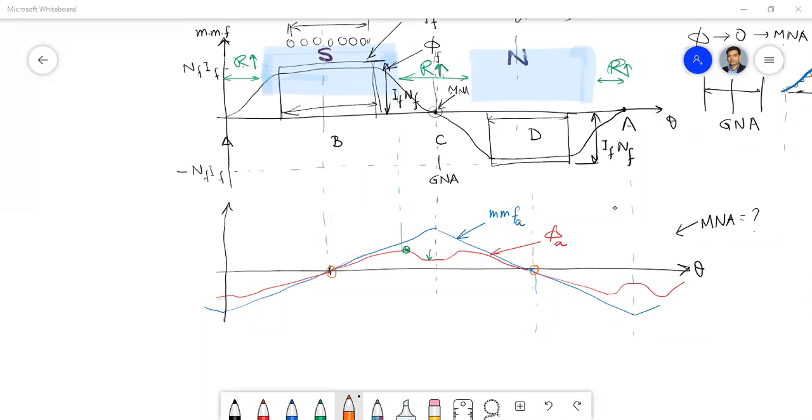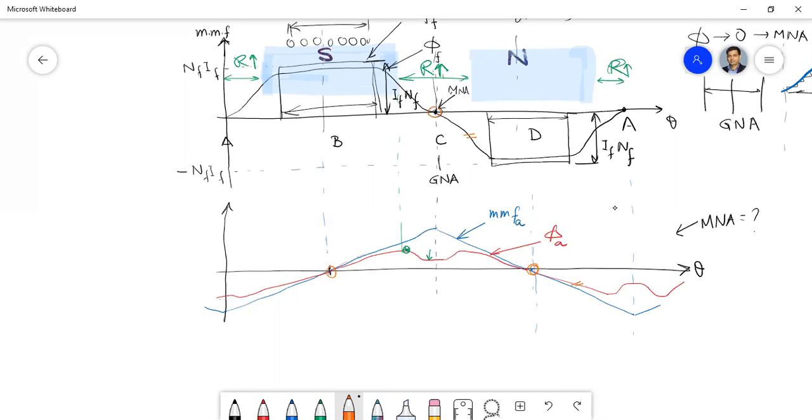So that means this curve and this red curve. So we have MNA over here and we have MNA over here in armature. So that means armature flux distribution and field flux distribution have MNAs in two different locations. What is the difference in angle? That I'm asking you.